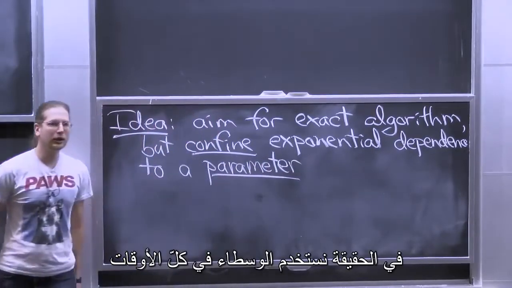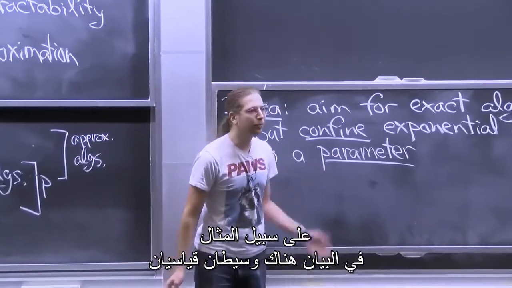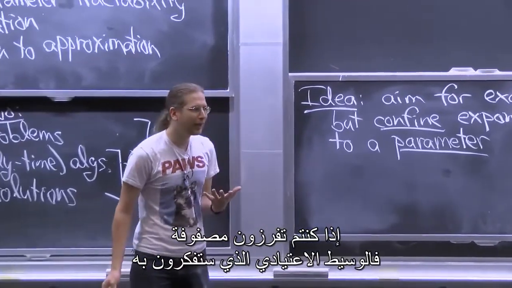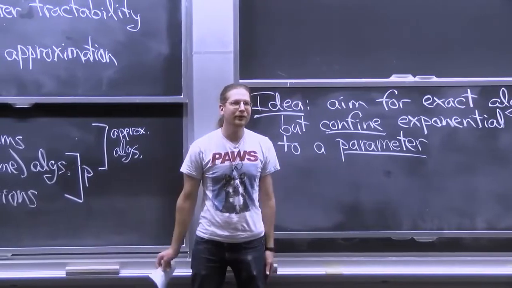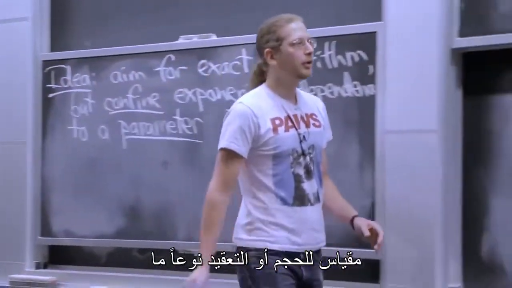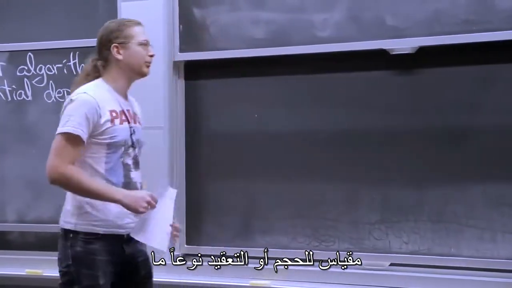We actually use parameters all the time. For example, in a graph, there are two typical parameters you think about, the number of vertices and the number of edges. If you're sorting an array, the usual parameter you think about is the size of the array. That's all I mean. A parameter, in general, is just some kind of size or complexity measure.